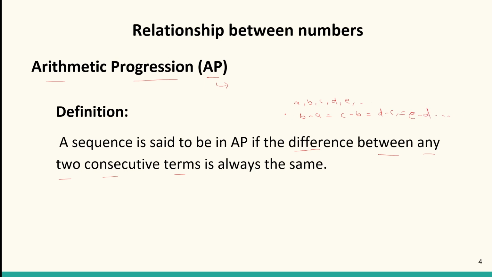If this criterion is fulfilled, then we say that the sequence is in AP, or arithmetic progression.